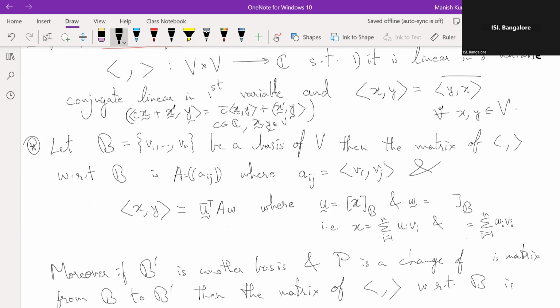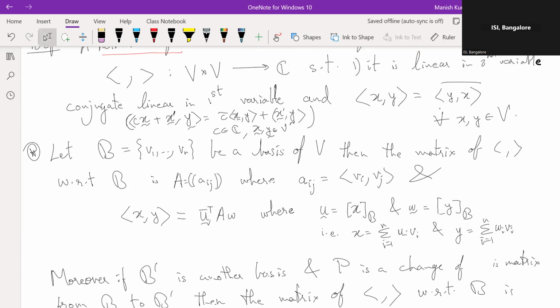You take u to be the coordinates of x with respect to B, and w to be the coordinates of y with respect to B. That is, if u is the coordinate vector of x with respect to B, then x is the summation of u_i b_i, where u is the column vector u_1 up to u_n, and similarly y is the summation of w_i b_i.